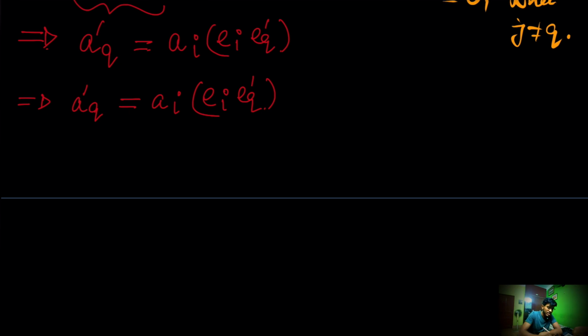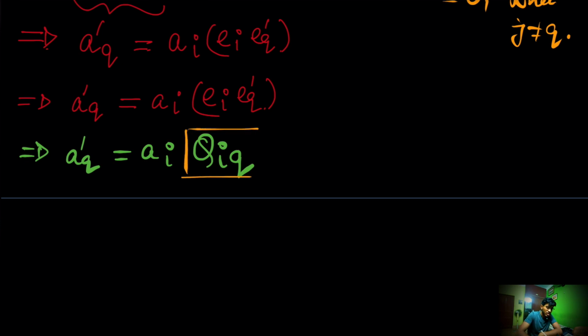And now this is actually written as Ai into Qiq. So this Qiq is known as the transformation matrix.